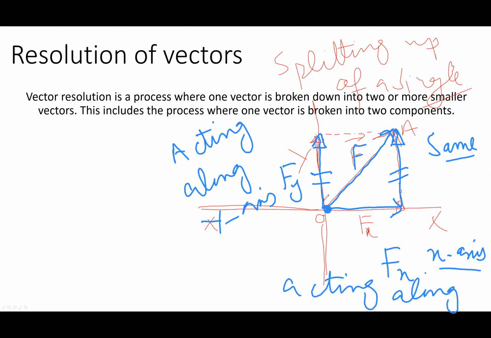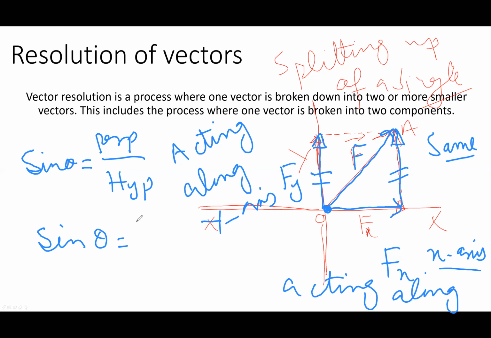So now we will use trigonometric ratios. Sine theta will be equal to perpendicular by hypotenuse. Here you will write sine theta, perpendicular is fy divided by f, the hypotenuse.